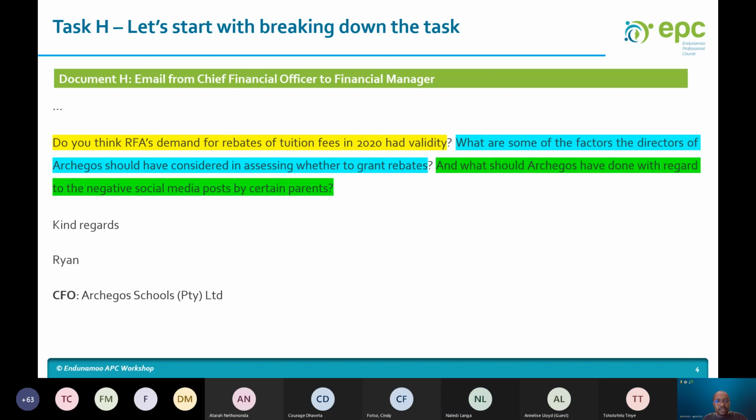We are asking for cash injections. We are considering debentures. Can we actually afford to give these rebates? Okay, if we give these rebates, what impact would it have on the other key stakeholders? Yes, the parents are benefiting, but what about the shareholders? They're not going to be happy with this. Do you see how you need to think about it?